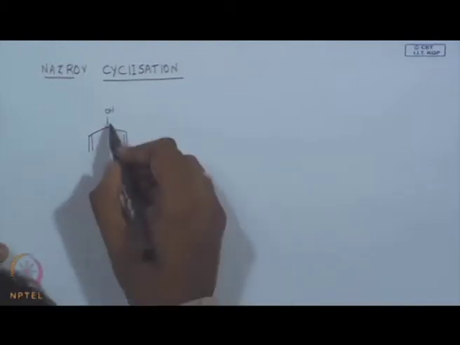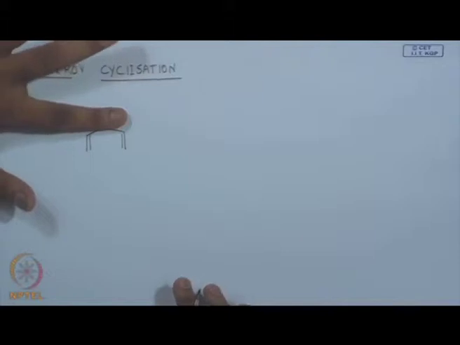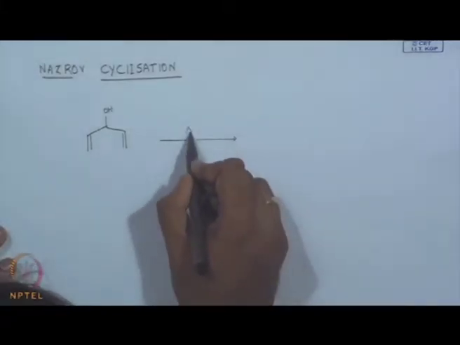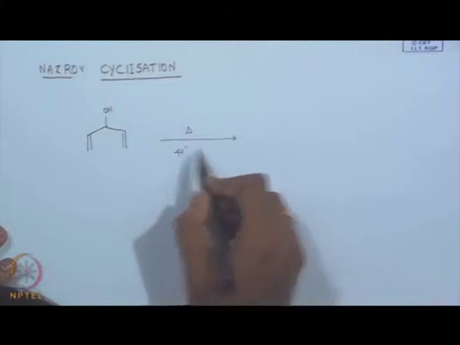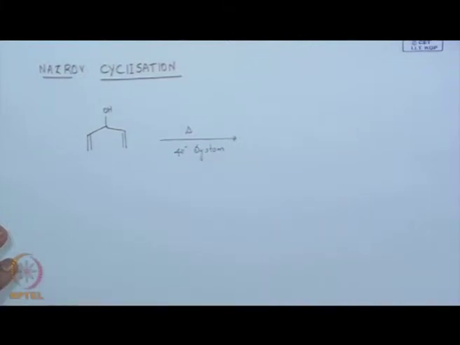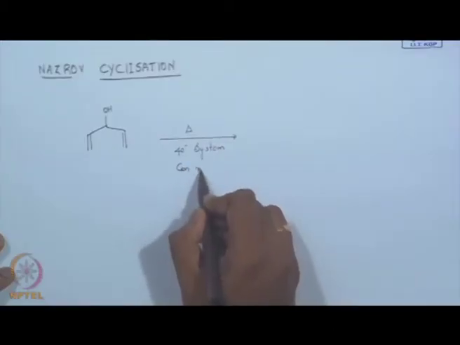What system is it? Yes, it is a 4 electron system, right. Just you have an OH, if you leave this, it is nothing but a butadiene and it is a 4 electron system. So, what happens if I heat a 4 electron system? What does the Woodward-Hoffmann rule say to you? What type of cyclization can it undergo, whether it is conrotatory or disrotatory? Yes, it is conrotatory. Very good.